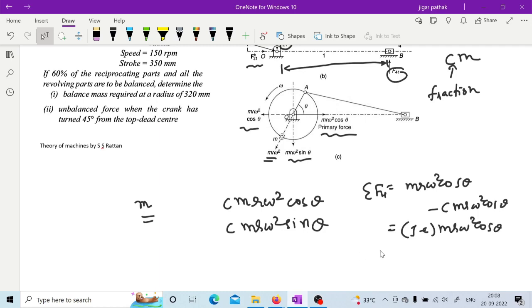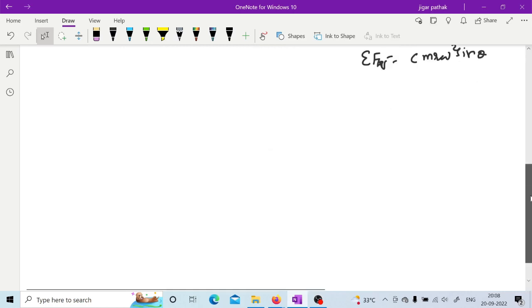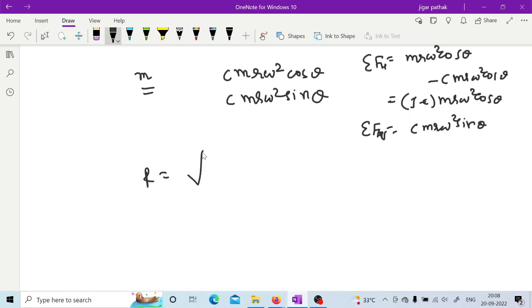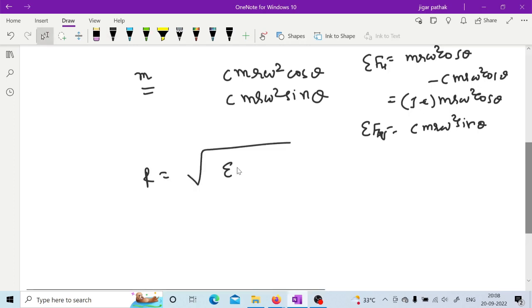Similarly for vertical, you will have c m r omega square sin theta. So when you take the resultant of this particular force, R is equal to the square root of sigma Fh square plus sigma Fv square.